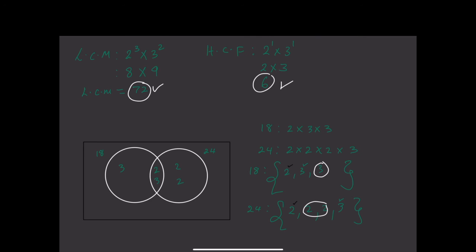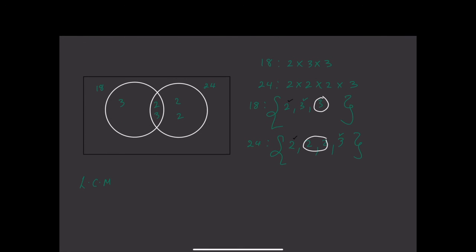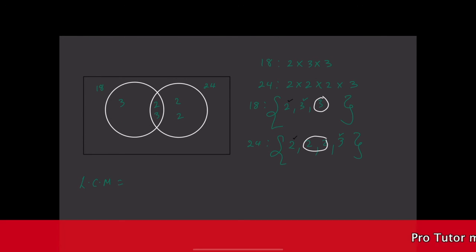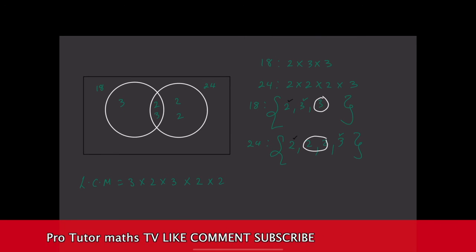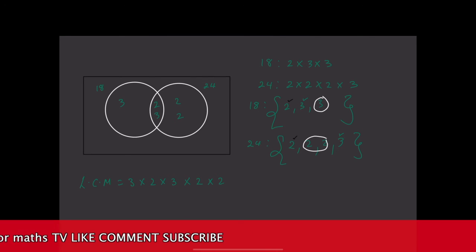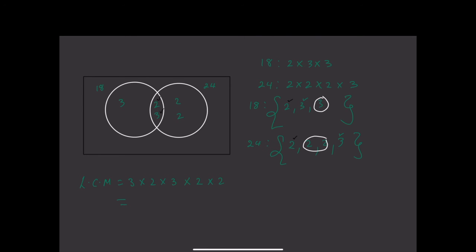Now to find the lowest common multiple, we multiply 3 times 2 times 3 times 2 times 2. Now some students multiply the intersection twice, which is wrong. Okay, so our answer is 9 times 8, which gives us 72. And that's our final answer for the lowest common multiple.